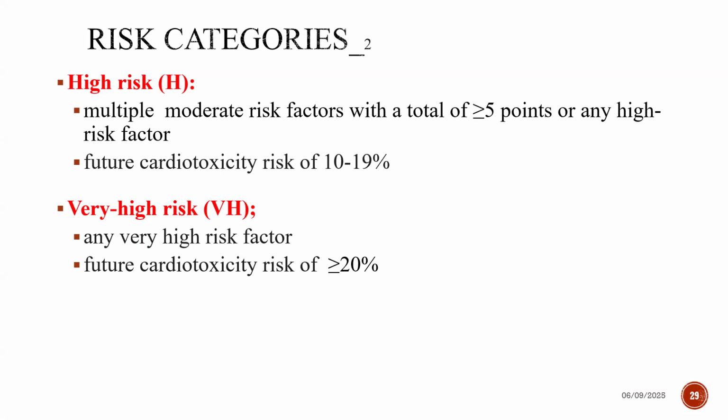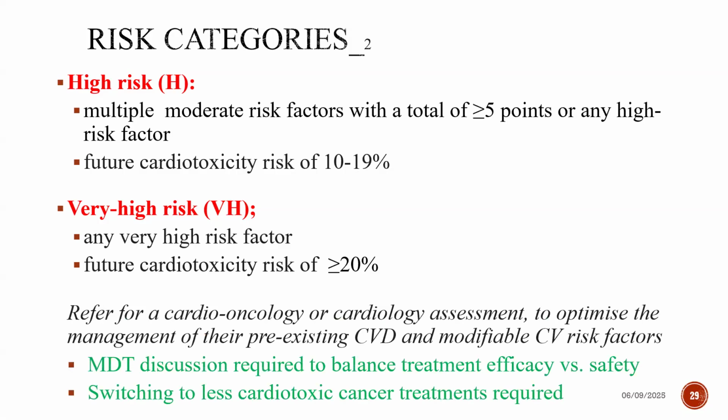And then lastly, we have the very high risk patients. These are patients who will have any high risk factor, and their future cardiovascular risk is high, above 20%. And these patients should be referred for cardio-oncology and cardiology assessment to optimize their management of any pre-existing cardiovascular disease and also modifiable cardiovascular risk factors.